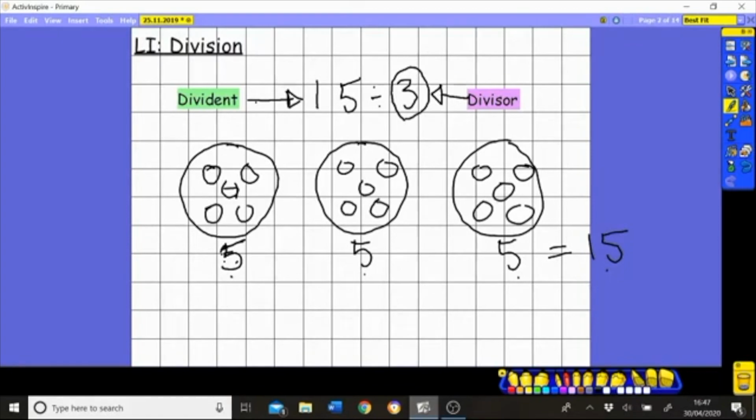We have 15 in total. So this leaves us our quotient. Now our quotient is basically our answer, how many it divides into. So we know that it divides into 5 equally.